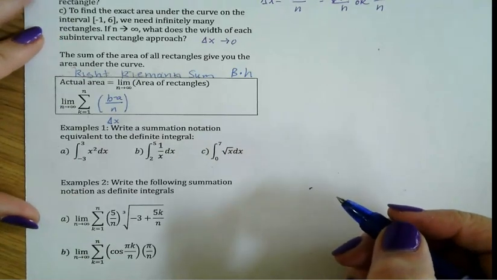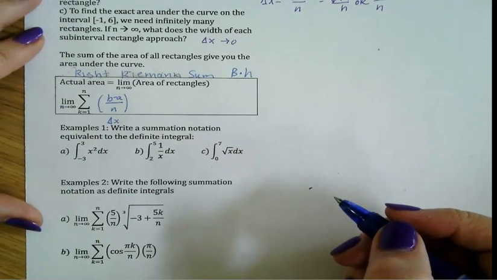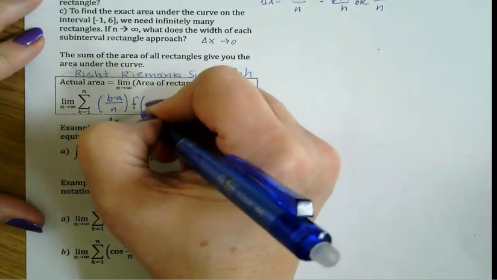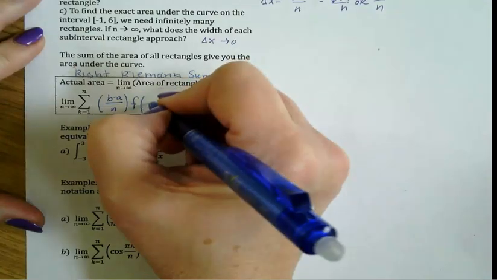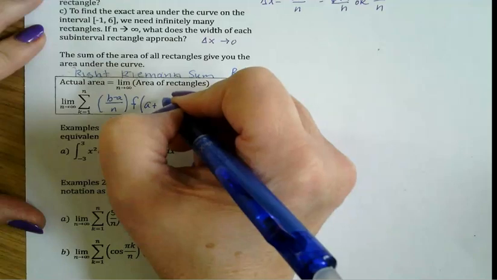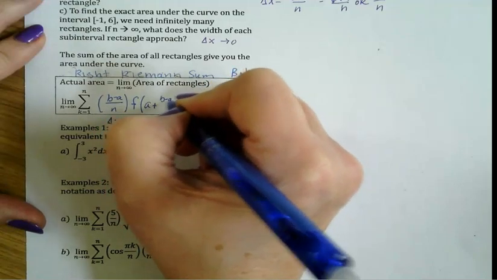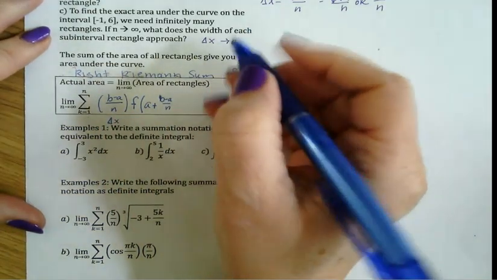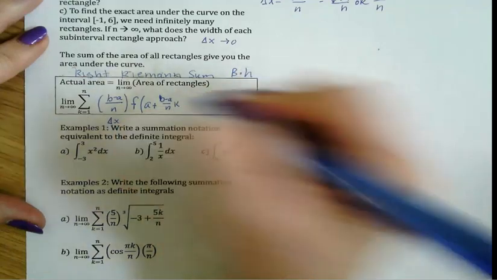And then the height is the H value, or the function value. So we're going to have F, we're going to begin with the lower bound plus, and then we're going to have the width. This is the increment. So the width times the number of increments.